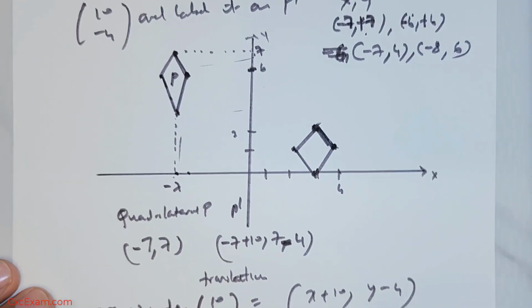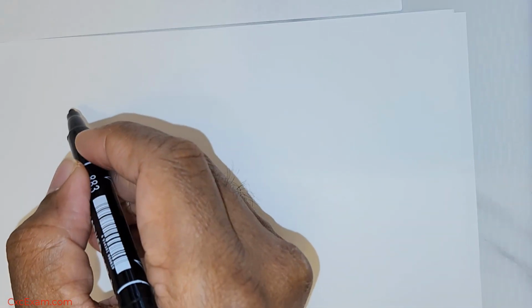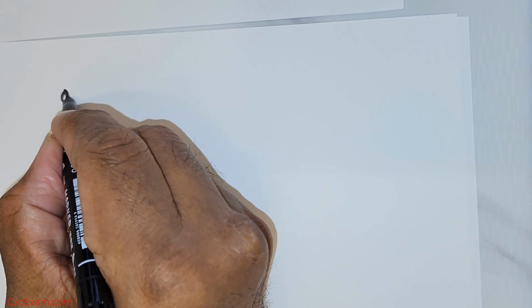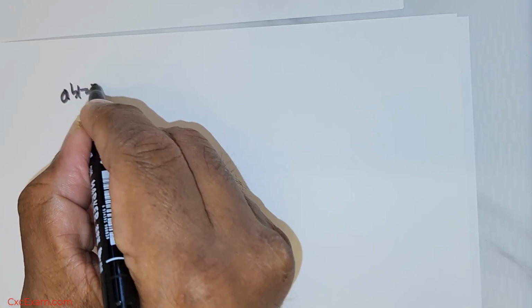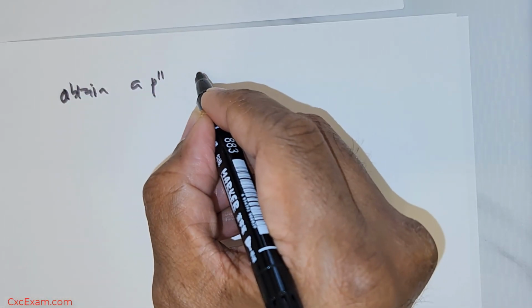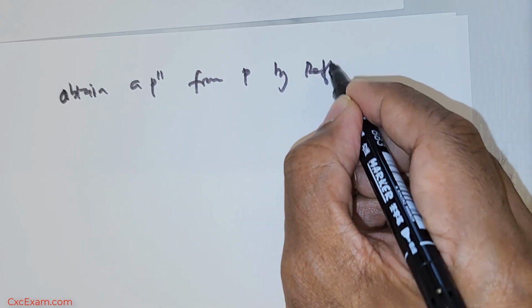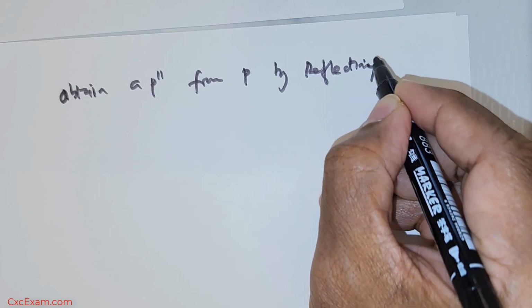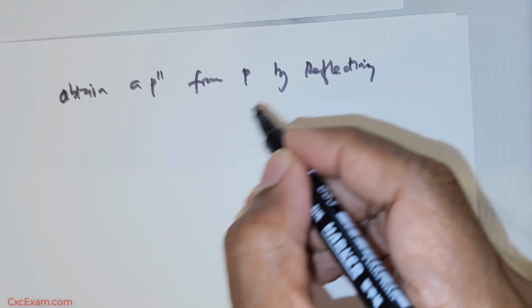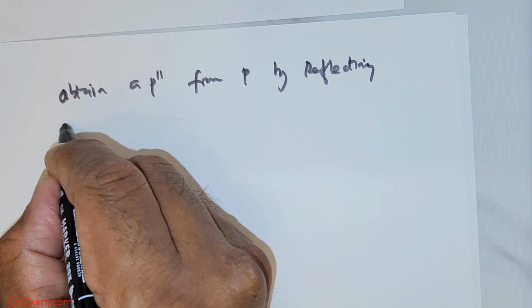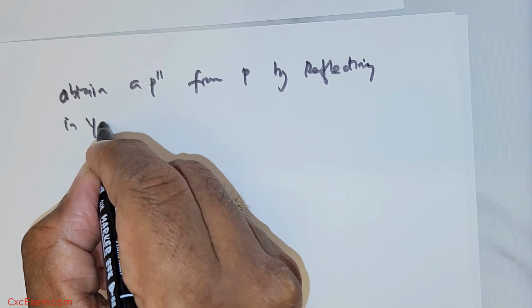Okay. Now this is the next part of the question. Now we will have to obtain a P double dash from P by reflecting in y equals 0.